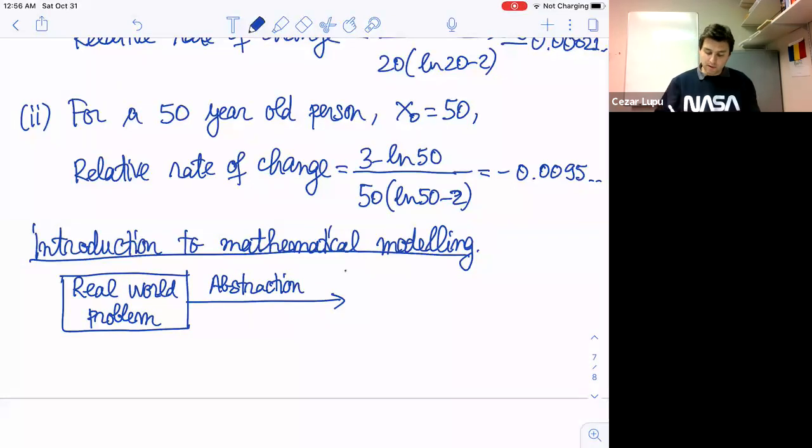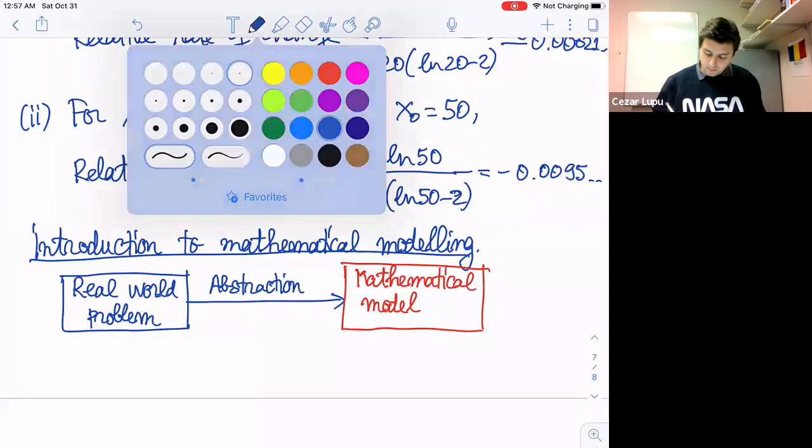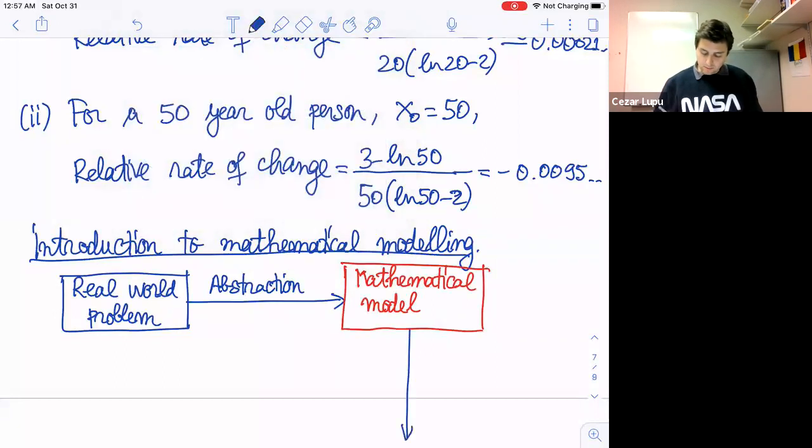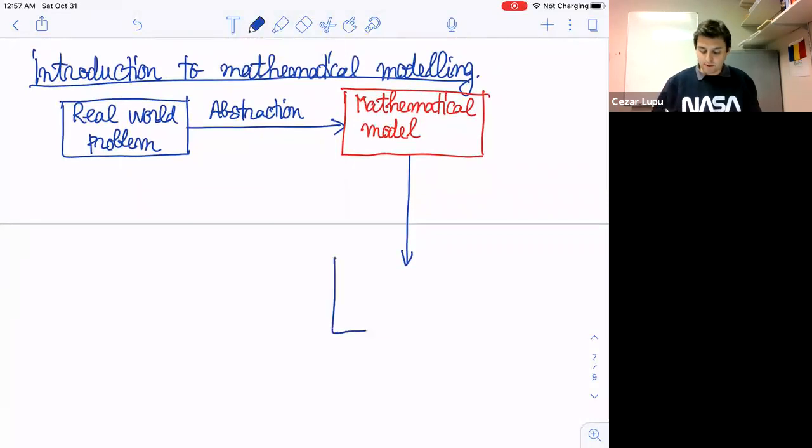So basically we'll turn this into a mathematical model. Right? And then from here, we would like to make some predictions.